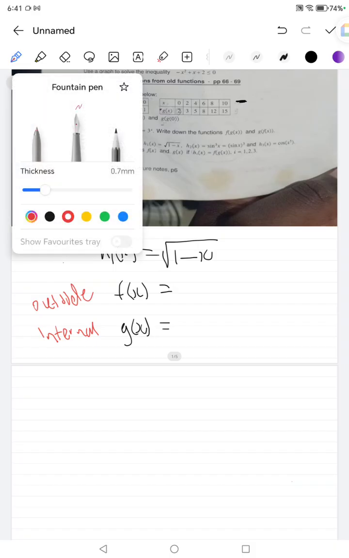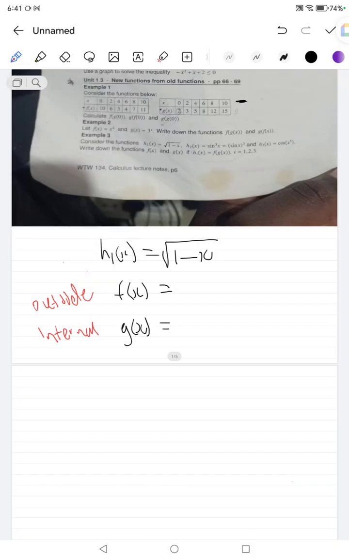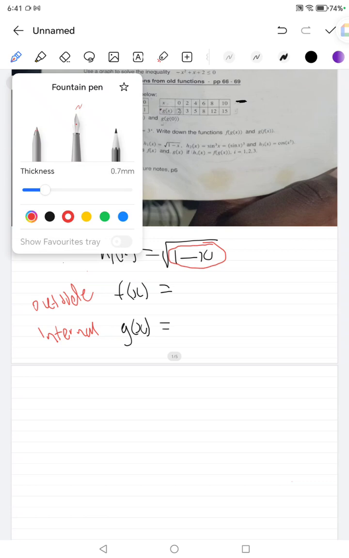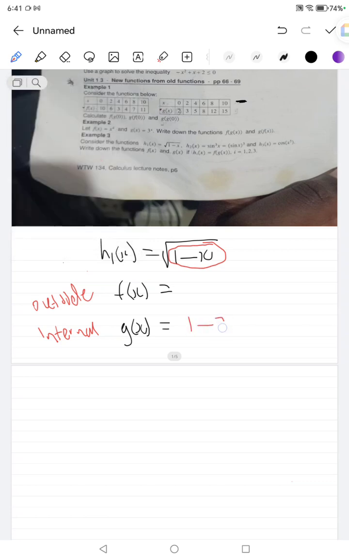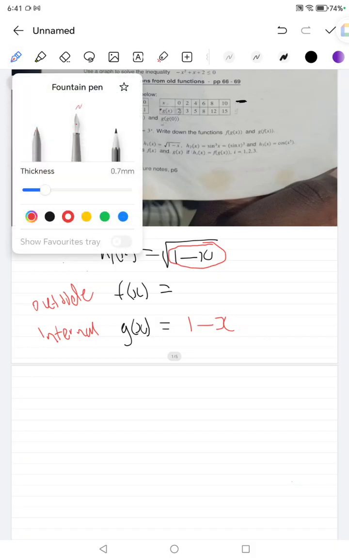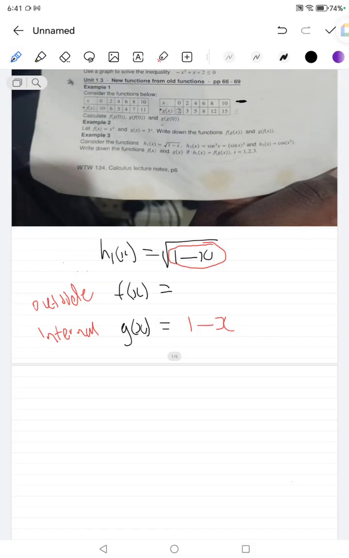If I'm about to take a function, what function can I take? You can take 1 minus x, and you say the one that's going to be internal is my 1 minus x. The second question you have to ask yourself is, if I've taken this as a function, what type of function is it? You'll agree with me that this one is going to be a linear function.